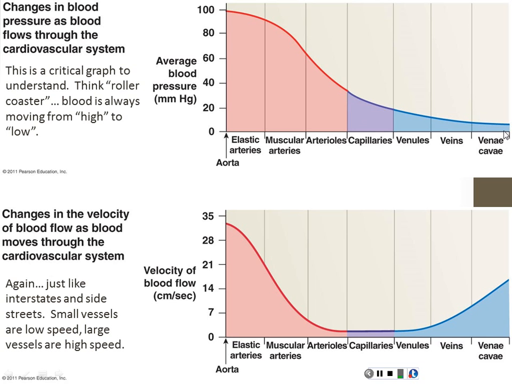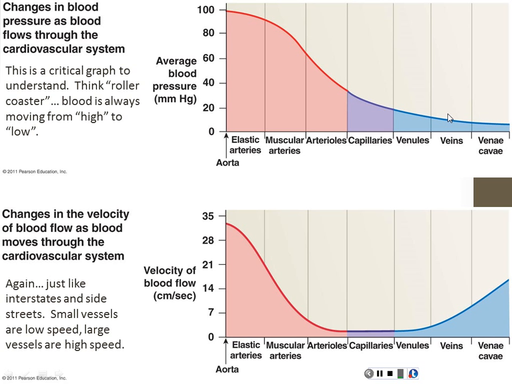Now, there's a reason for that. We think, well, capillaries are so small and they have these tiny little thin walls, how could they possibly have much pressure in them? But they do. They have more pressure than the veins and than the vena cavas do. The reason that it evolved like that is what gets blood back to the heart after it's done its job at the capillaries is this remaining pressure difference.